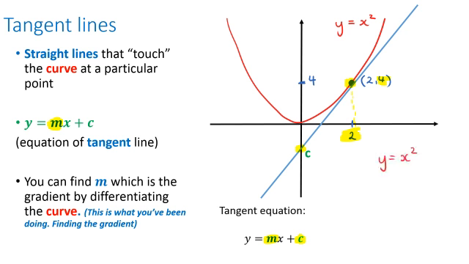M is differentiating y equals x squared. So, if you think about it, the derivative of y equals x squared, which you all know by using power rule, m, which is your gradient, is actually equal to 2x. But remember, this is only your gradient function. This tells you all the gradients around the curve, it doesn't tell you the gradient at this particular point.